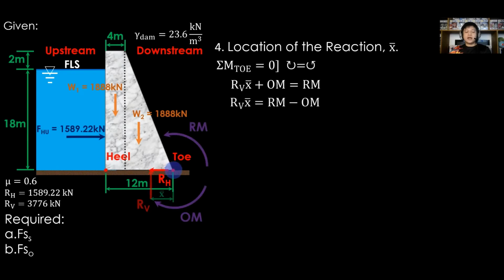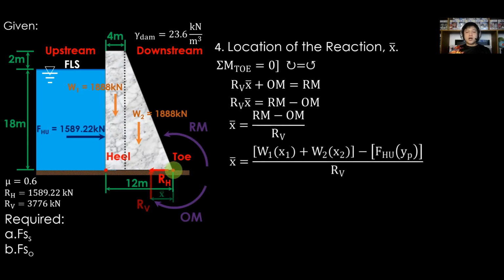Transpose OM at the right side and cross multiply RV. Then, substitute for RM. The resisting moments are moments due to weights. Then for OM, the moment due to hydrostatic force, FHU.